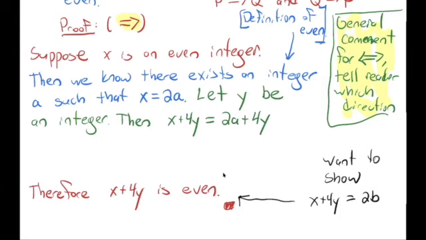Okay, now I want to say something about this x plus 4y. Hopefully it equals 2 times something. So let's use the previous bit of logic that was in blue, that x is equal to 2a because x is even.